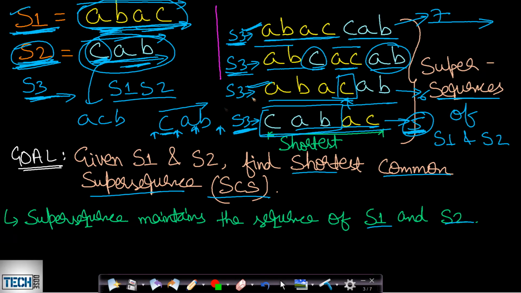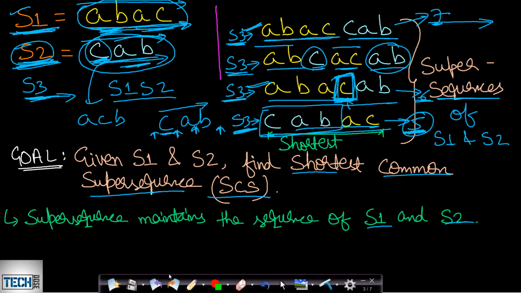In the previous example, as I had shown in S3, since this C was common, we were able to write this C only once, and we were also able to maintain the order, because in a sequence, order is very important. Writing this common C only once reduced the length of the supersequence by 1. It was 7 when we were not considering common characters, but when we considered C as a common character and wrote it only once, the length was 6.